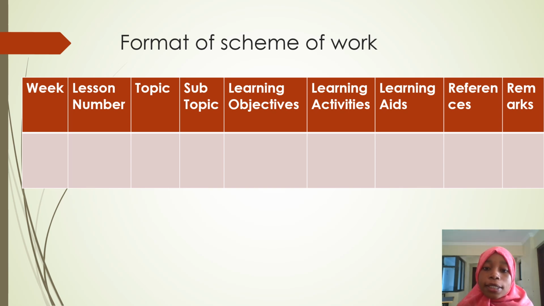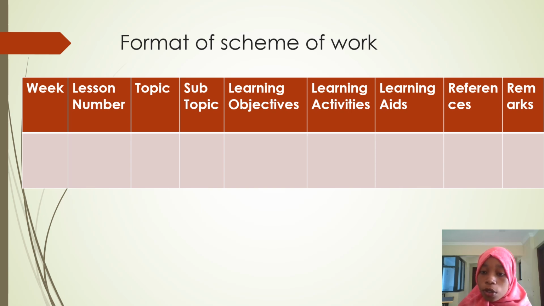The learning activities: these are the discussions and note-taking which you are going to use in conducting your lesson. The learning aids, the resources that you have used to facilitate the classroom: the handouts, the projectors, the charts, and references.